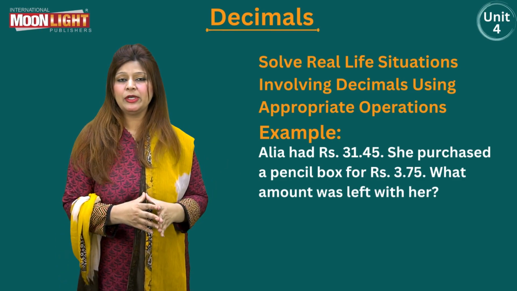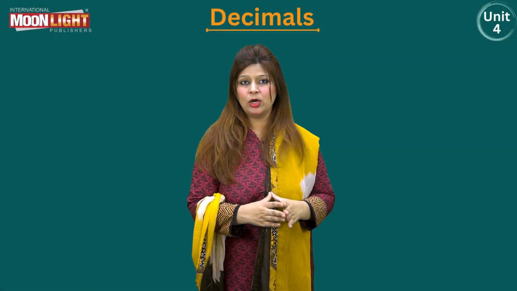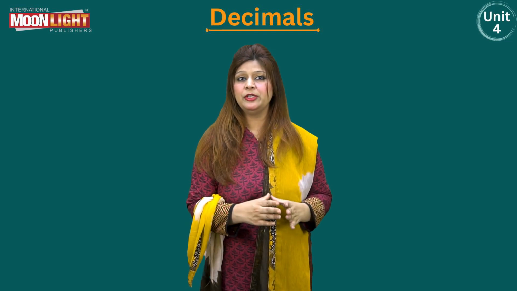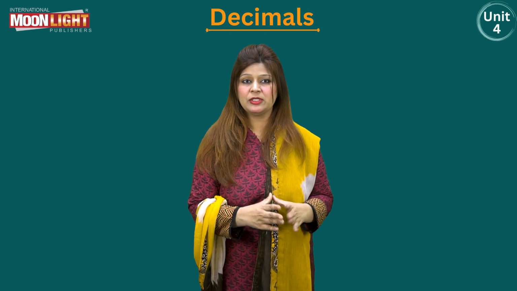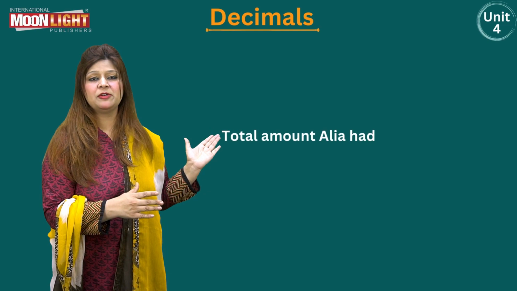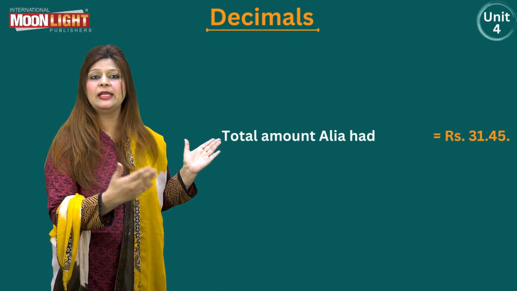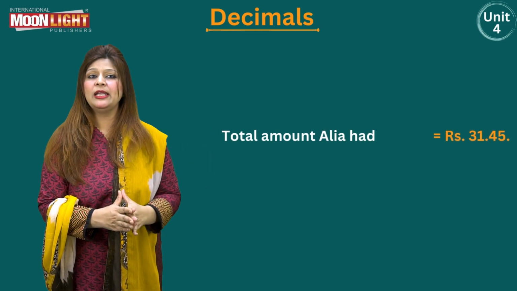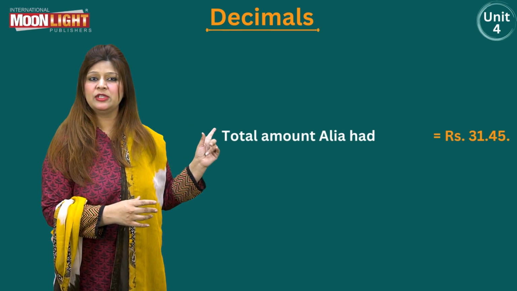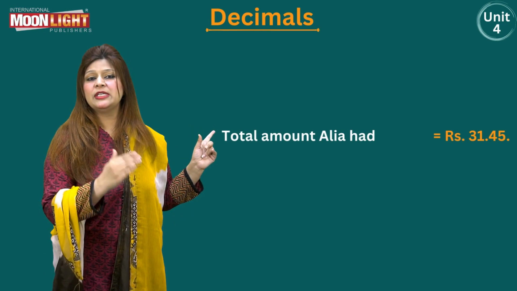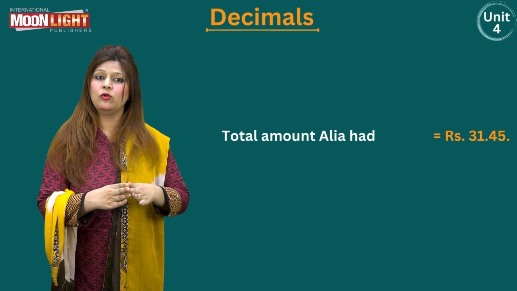Now, my dear students, we are going to solve the problem, but we are going to rephrase the statements first. The first statement: total amount Alia had is equal to rupees 31.45.